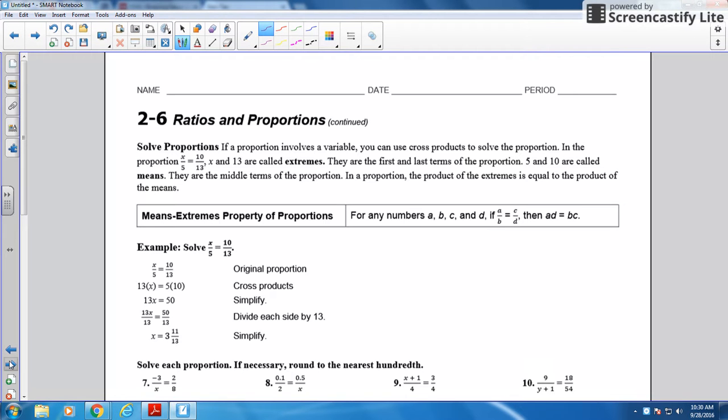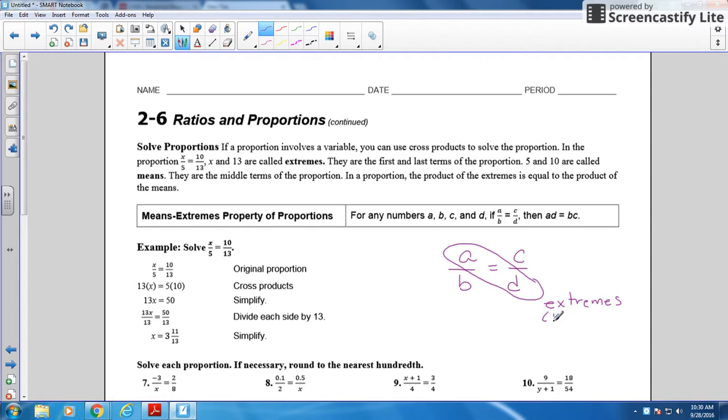On the back side, to solve a proportion, we can also use cross products. And the one thing that you kind of need to know vocabulary wise is when we have a proportion, if we have A over B equals C over D, A and D right here are called the extremes.